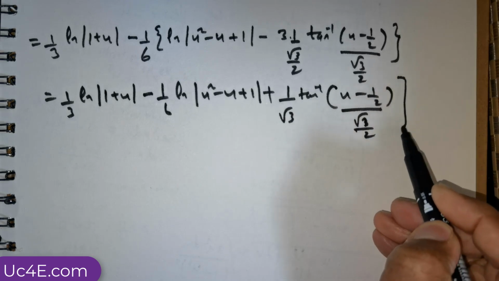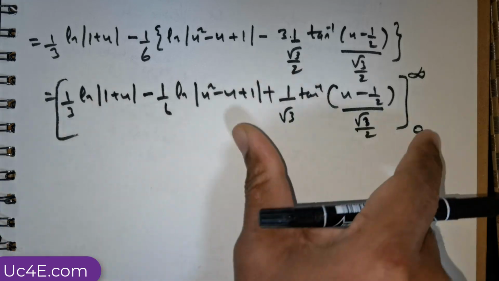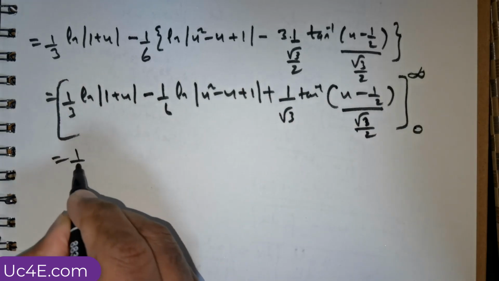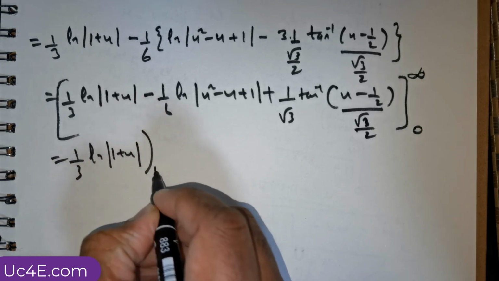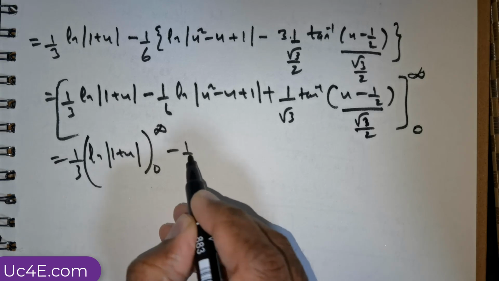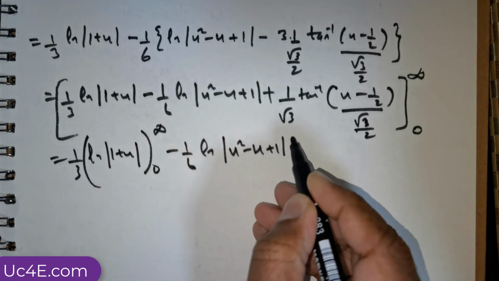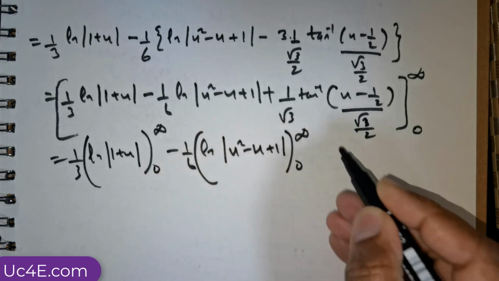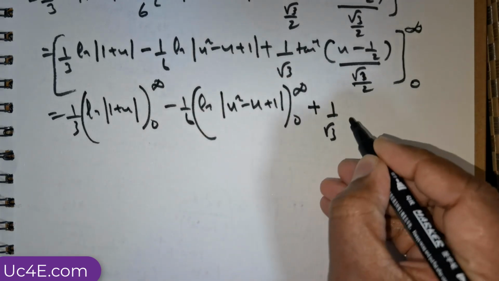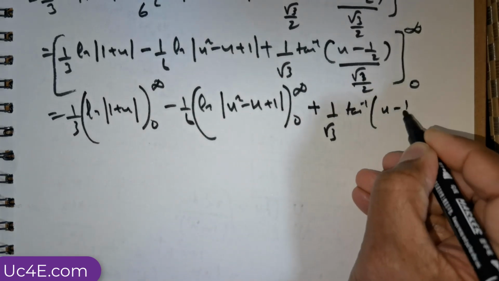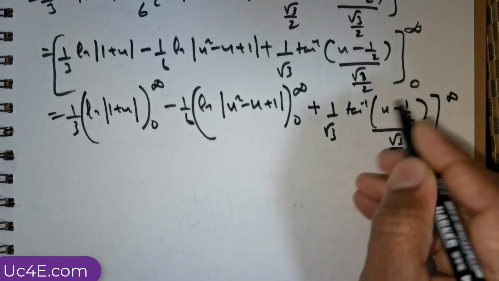Now all of this has to be applied with the limits, so I'm going to distribute the limits inside. This is going to be 1 over 3 ln of 1 + u, with limits 0 to infinity, minus 1 over 6 ln of modulus of u² − u + 1, with limits 0 to infinity, plus 1 over √3 tan inverse of (u − 1/2) divided by √3/2, with limits 0 to infinity.